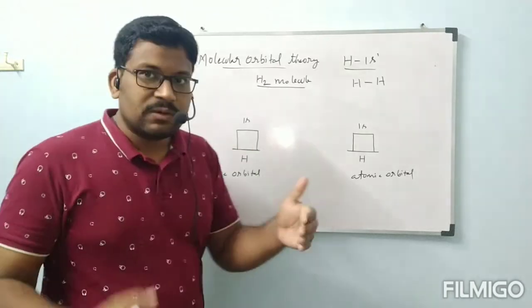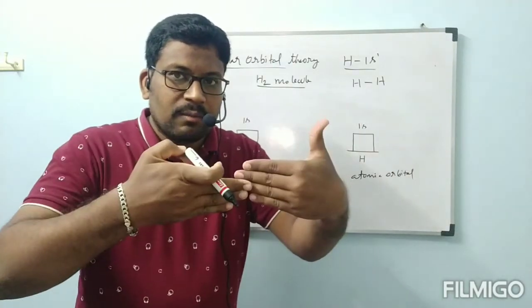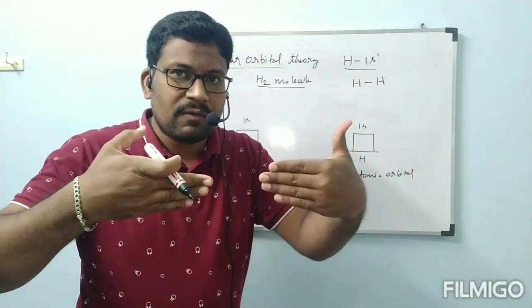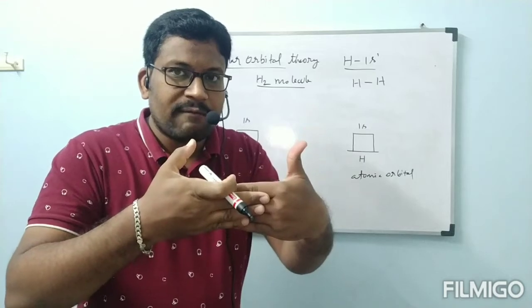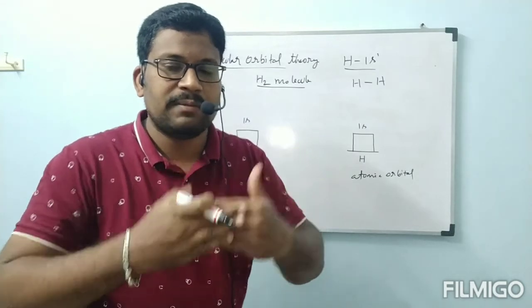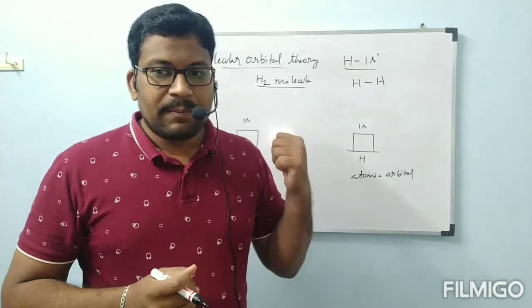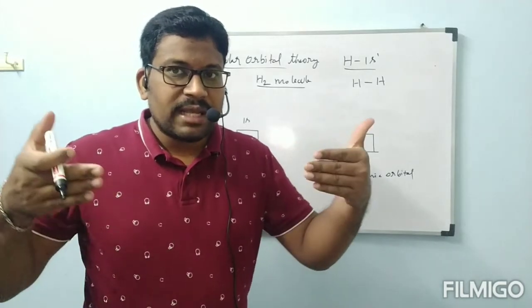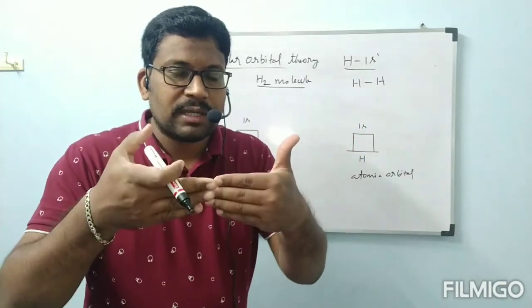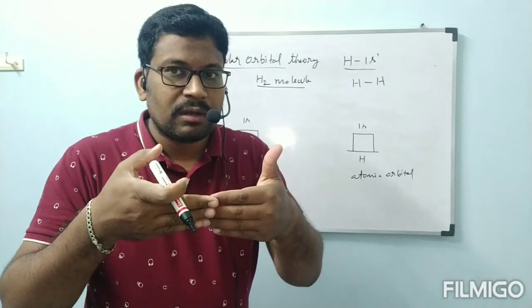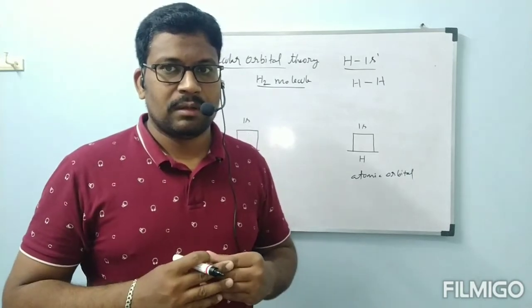While this hydrogen and this hydrogen are bonding, involved in a chemical bond, first they will form molecular orbitals. In the previous hybridization concept, before bonding, the orbitals undergo hybridization.